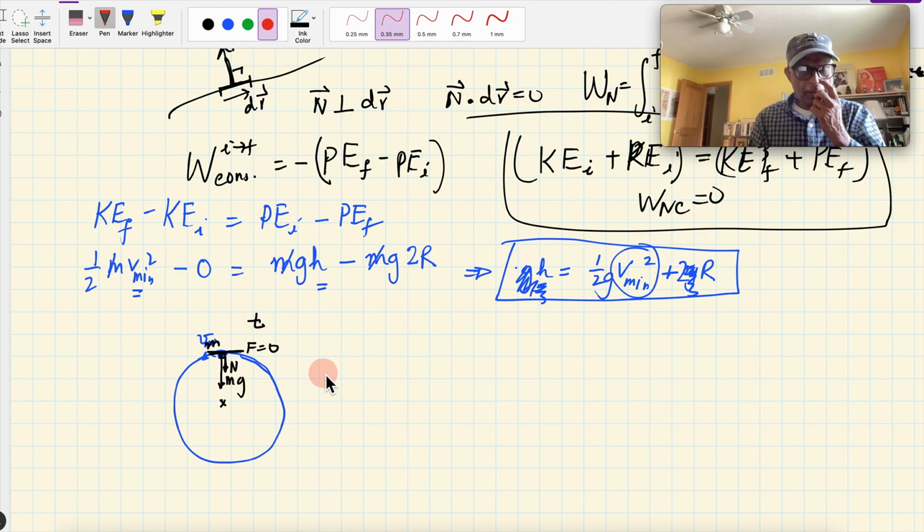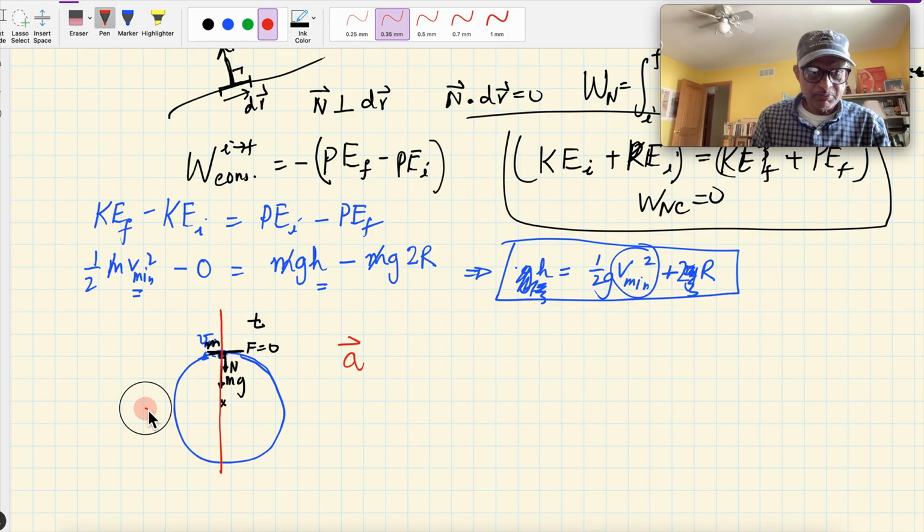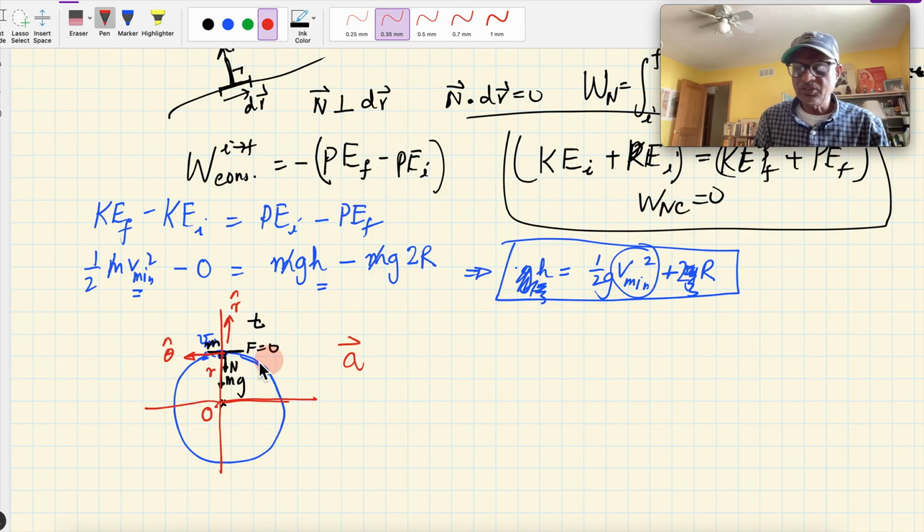If we look at acceleration, using a coordinate system based at the center here, this will be the radial coordinate going up, and this will be the theta hat direction. In the theta hat direction, there's nothing happening at that instant.